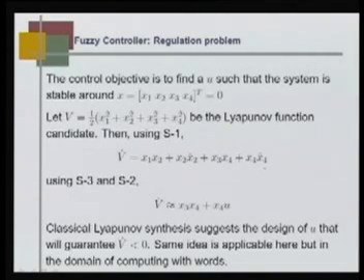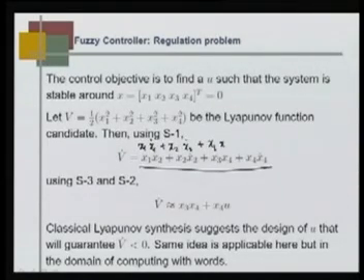So, before this is the second step. The first step V dot, if you look at here, is x1 x1 dot plus x2 x2 dot plus x3 x3 dot plus x4 x4 dot. Because we know already that x2 is x1 dot and x4 is x3 dot, this second step comes.